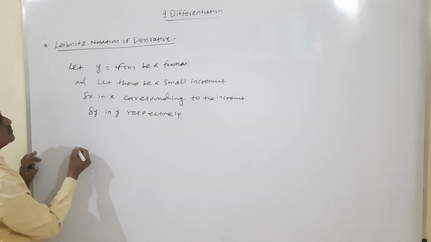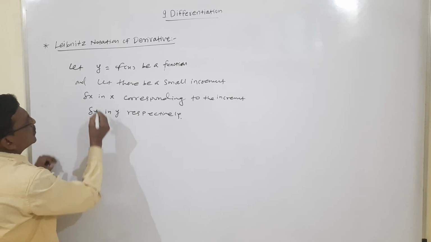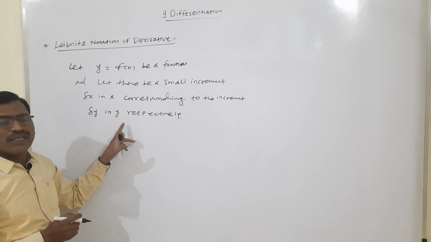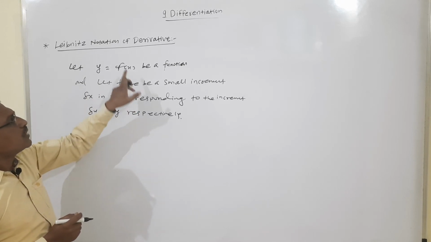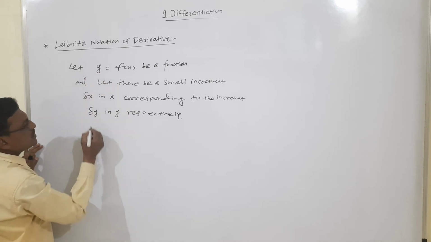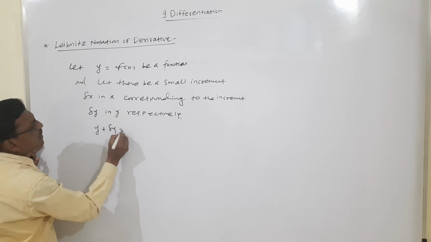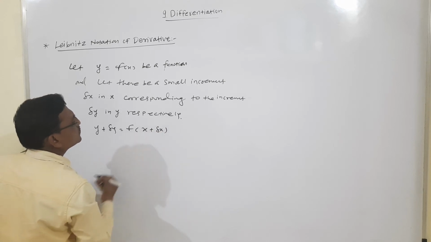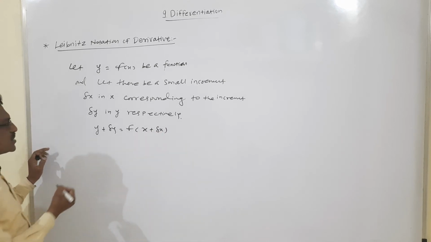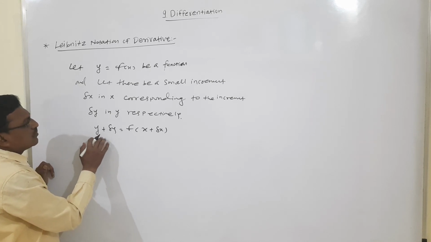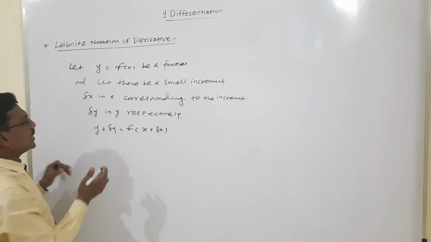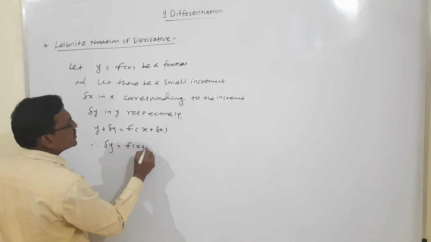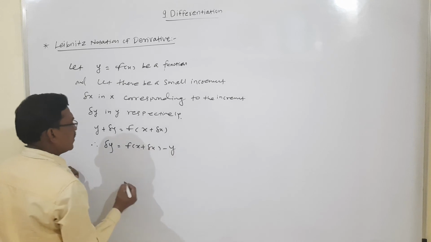Then delta y is the small increment in y and delta x is a small increment in x. So we write y plus delta y is equal to f of x plus delta x. Taking y to the right hand side, delta y is equal to f of x plus delta x minus y.